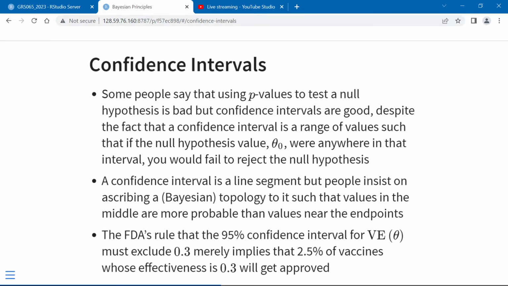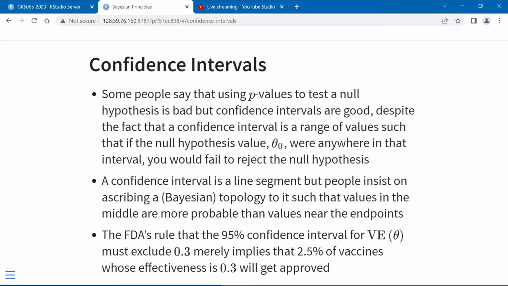It's an interval estimator of theta. But anytime you say there's a confidence interval between 0.1 and 0.8, people are going to think the midpoint is more likely than the endpoints. That is not at all justified under a frequentist interpretation of confidence intervals, even though that is exactly what is correct for Bayesian posterior distributions.